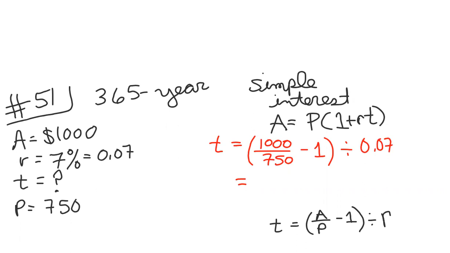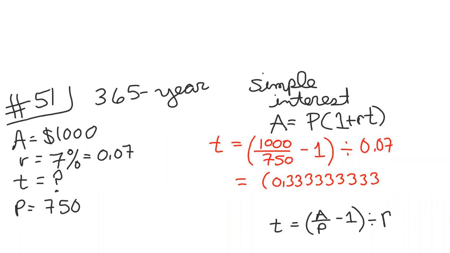Okay, so 1,000 divided by 750 gives me 1.33333. Take away 1, and that gives me 0.333 forever, right? I'm not going to change it in the calculator. I'm just going to subtract 1 in the calculator.